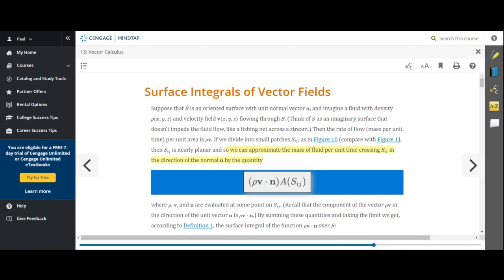Well, we get a Riemann sum if we added up all of these quantities, the dot product of rho v with n times the area of the ijth patch. Let me go back to the board.